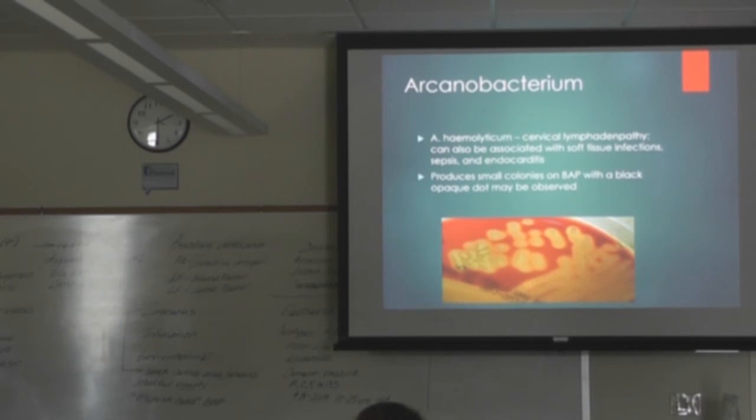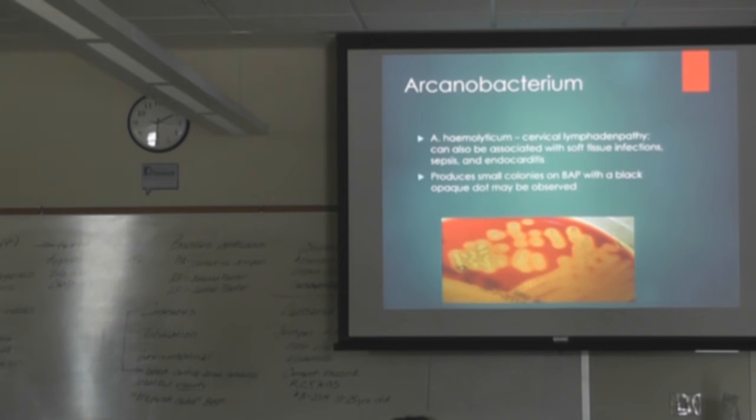The problem with this one is that it's going to produce small colonies on BAP with black opaque dots, which may or may not be observed, but your hemolysis might be the same as group A strep. That's where you can get into a little bit of trouble, and if you look at what it does clinically, you're also in trouble because group A strep can cause soft tissue infections. So you have to pay close attention to what you're doing with this.